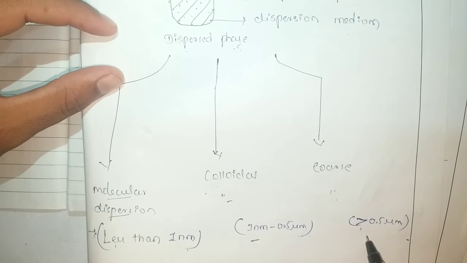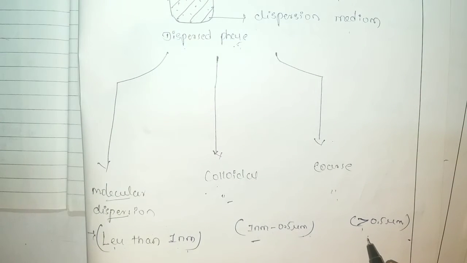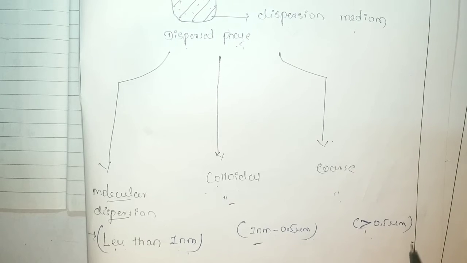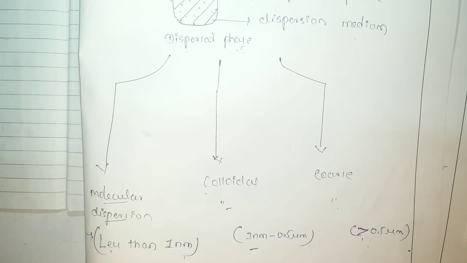If the particle size is greater than 0.5 micrometers, we call it a coarse dispersion. Likewise, dispersed systems are classified depending upon their sizes.